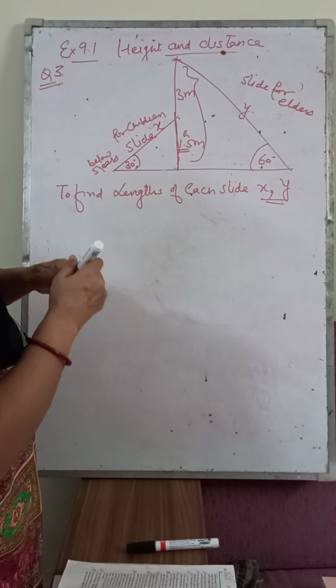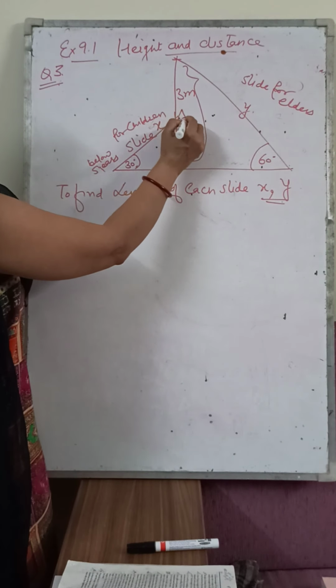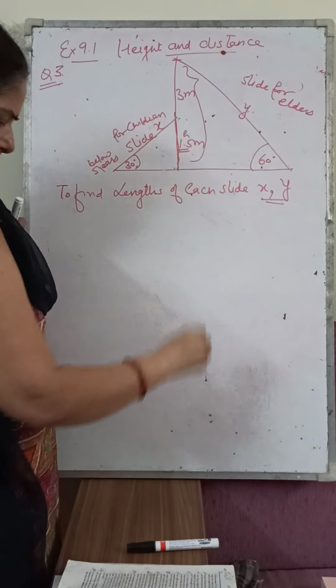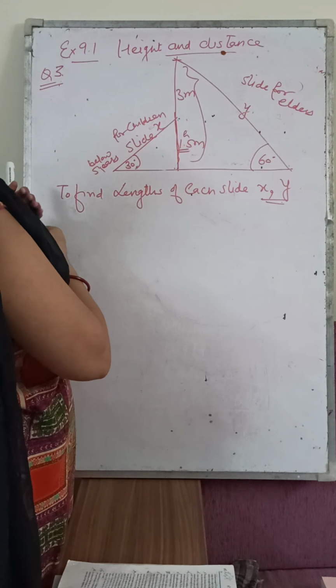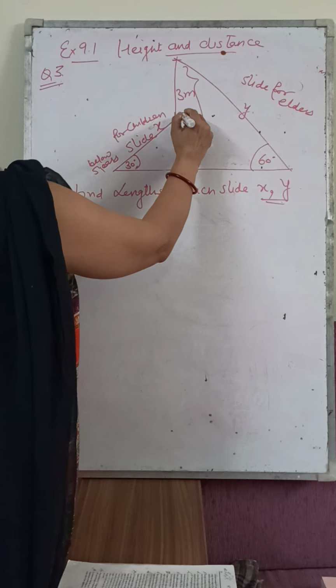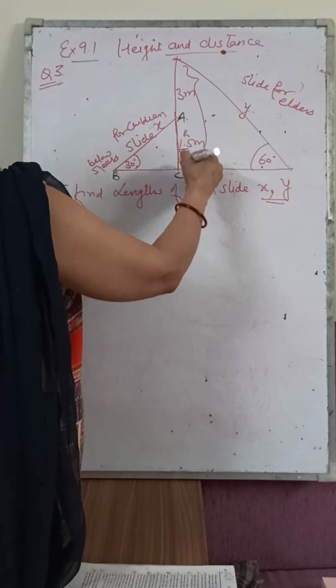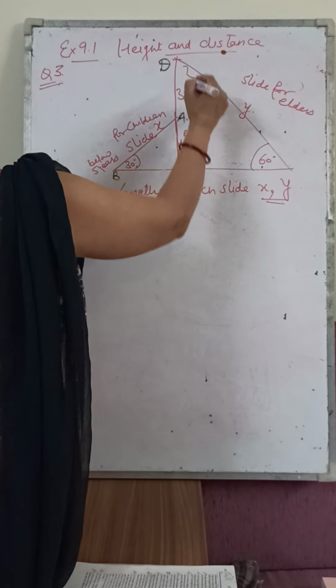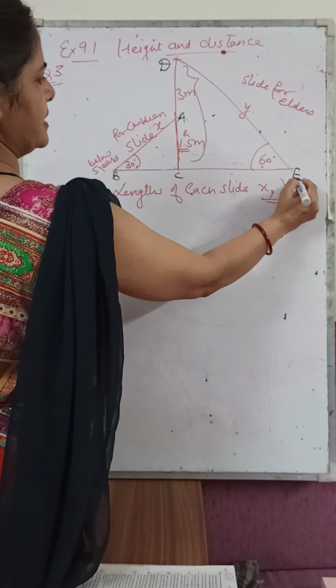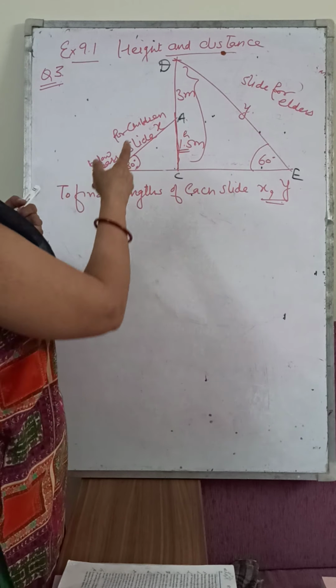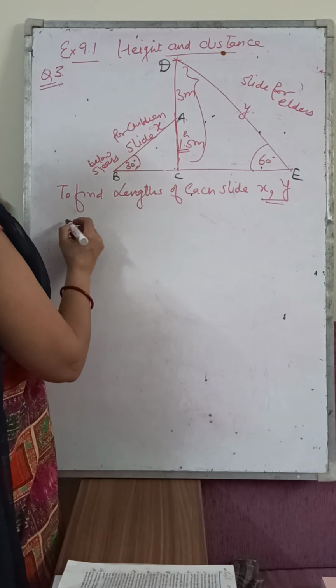Very easy. Let us suppose this is triangle A, B, C, and this triangle is D, C, E. Clear? First of all, I am taking triangle ABC.